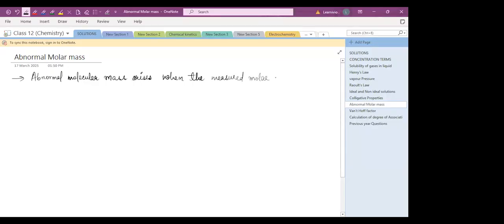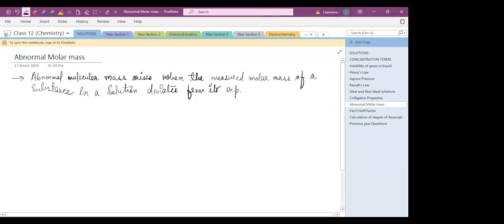Mass of a solute substance in a solution deviates from its expected value. Why? Due to association or dissociation of solute molecules.